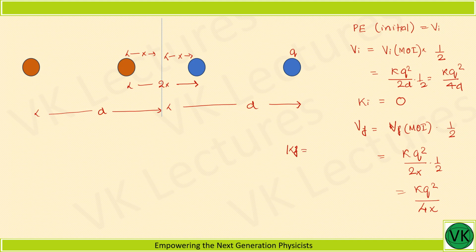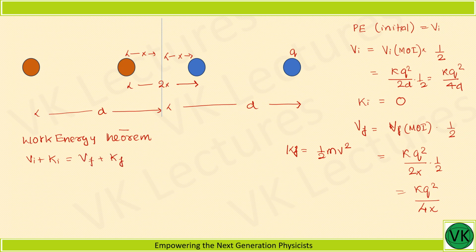Now the final kinetic energy is equal to, we are writing it as half m v square because we are unaware of the velocity. Now according to the work energy theorem, we can write the sum of the kinetic energy and potential energy in the initial stage, Vi plus Ki equal to Vf plus Kf.